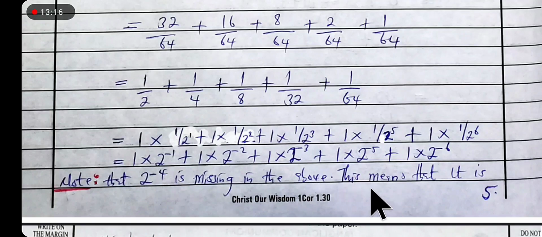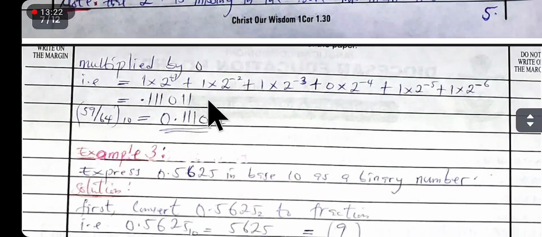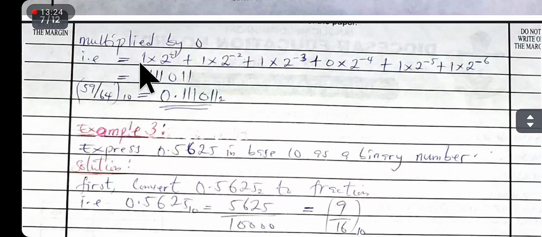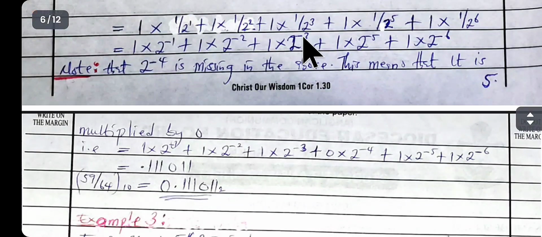This means that it is multiplied by 0, because anything multiplied by 0 is 0. That is 1 times 2 raised to power minus 1, plus 1 times 2 raised to power minus 2, plus 1 times 2 raised to power minus 3, then plus, this is what I'm talking about. Look at it here. Since we don't have 4 here, after 1 times 2 raised to power minus 3, we go to 1 times 2 raised to power minus 5.